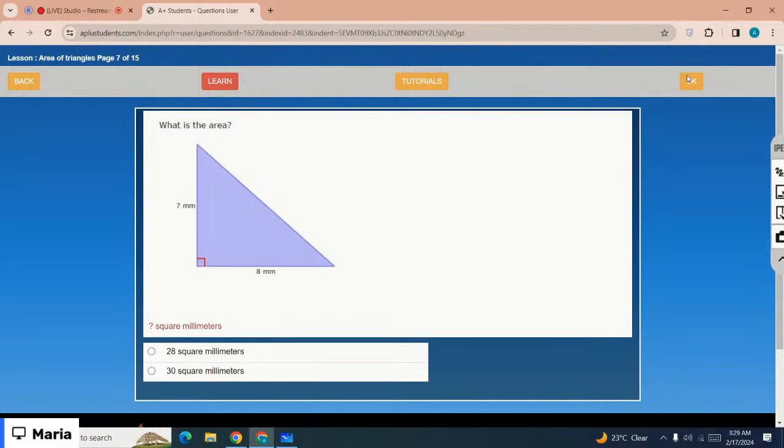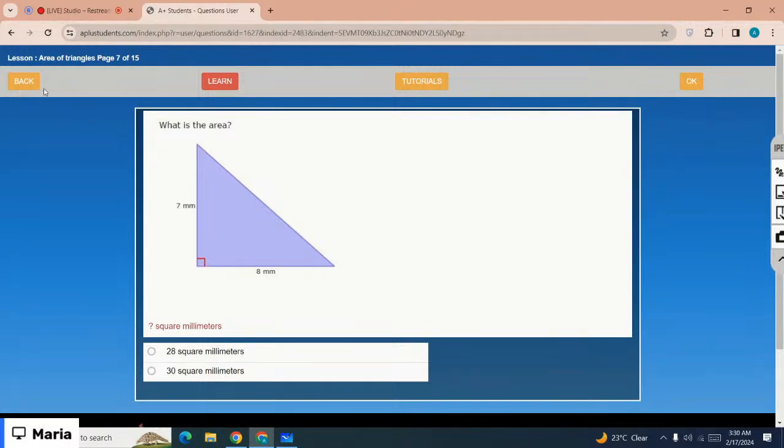Just use the formula and you have to do 7 times 8, that is 56, and 56 divided by 2 is 28. So for this one the correct option is 28 square millimeters, right? Option number 1 is the correct option.